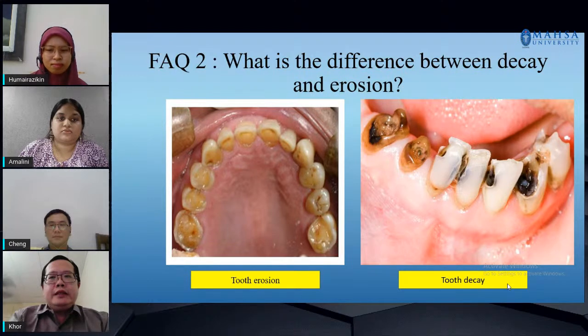In the early stage it is normally reversible with remineralization, and when it's not reversible, to the stage where the cavity has occurred, we can actually repair it with fillings. As for dental erosion, it's a process that results in permanent damage caused by acids as well. But these acids may come from a different origin.